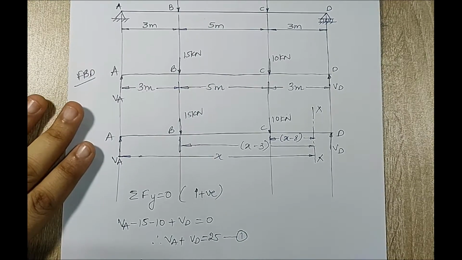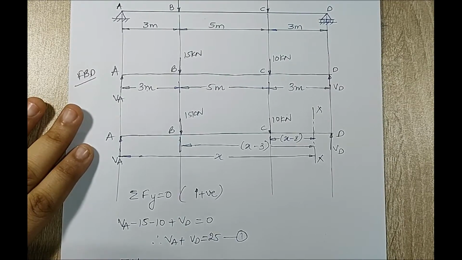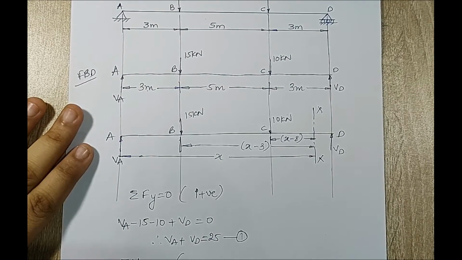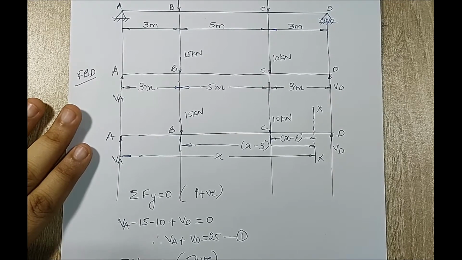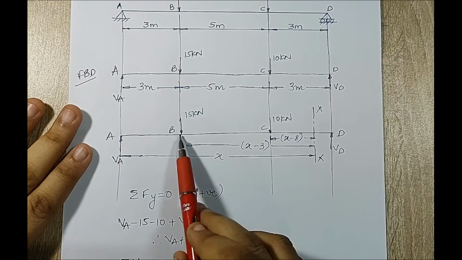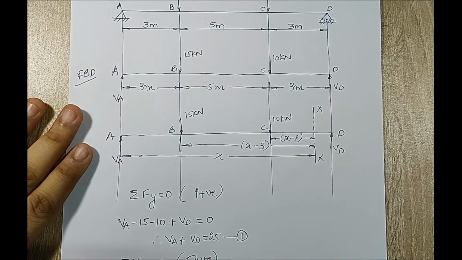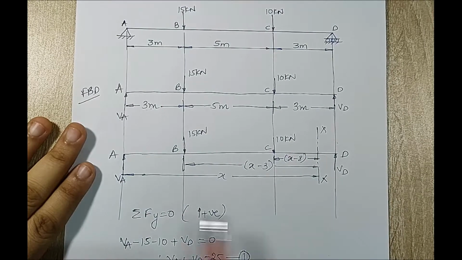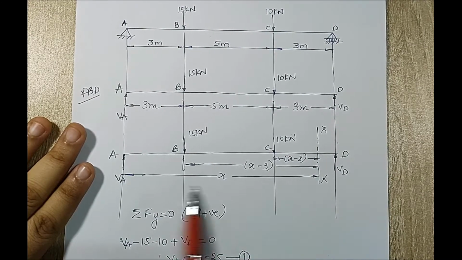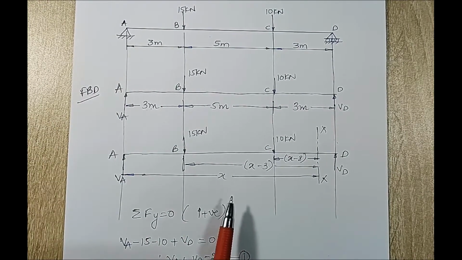The next equation that I am going to use is summation of moment about A is equal to 0. Clockwise moment will be positive. So I have to use the FBD diagram and not this diagram for calculating VA and VD. This diagram will be used for writing the moment equation for Macaulay's method.